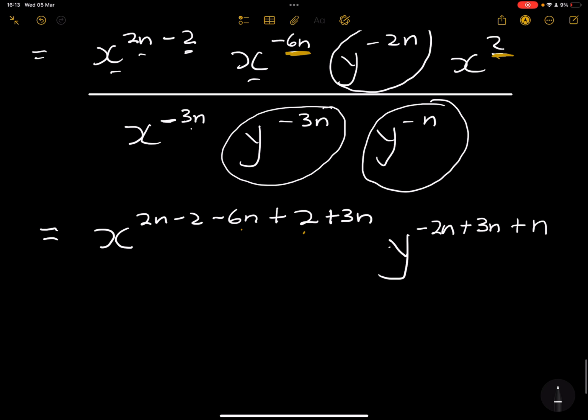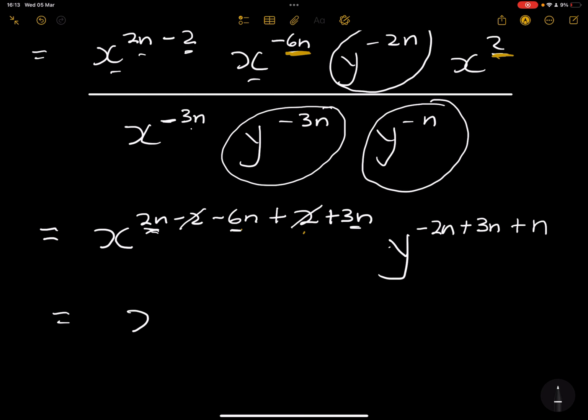Right, now let's try and do our algebraic sums. So we've got minus 2 and positive 2, they cancel each other out. Okay, and we've got 2n minus 6n plus 3n. So if you take all the positives, 2n plus 3n will give me 5n minus 6n.